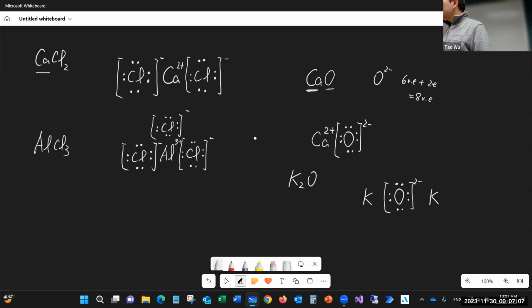For the potassium, since each loses 1 electron, it becomes a positive charge. Those are the Lewis structures for the potassium, and then you combine them together. That's K2O, potassium oxide. Make sense?